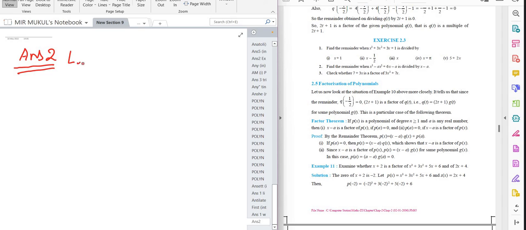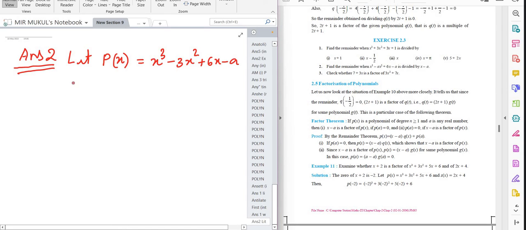Let p(x) equal x cube minus 3x square plus 6x minus a, and you are dividing this polynomial by x minus a. So you will write x minus a equals 0. So x equals a we are getting. So the remainder will be according to the remainder theorem.